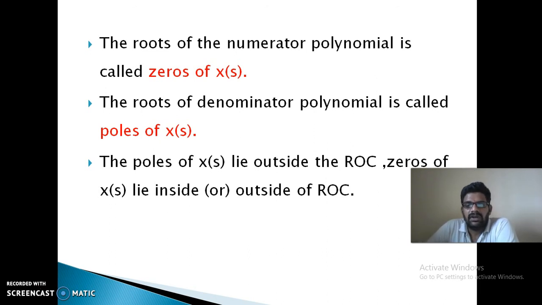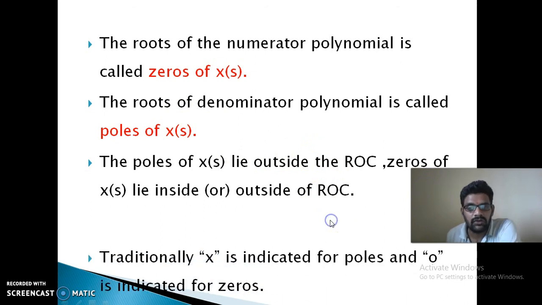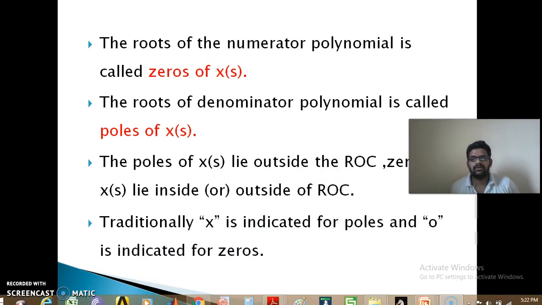Generally, regarding the properties, the poles lie outside the ROC, that is, the ROC does not contain any poles, whereas the zeros are considered inside the ROC.